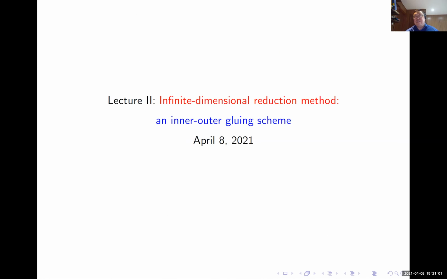Okay, so these are some three applications of the finite dimensional reduction method. And so are there any questions, any remarks?